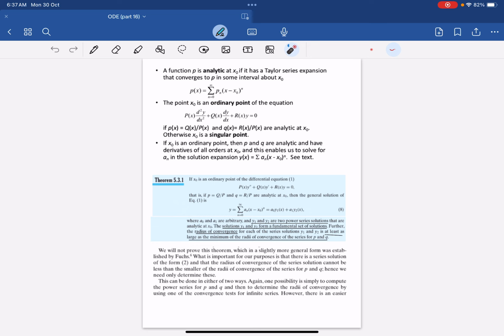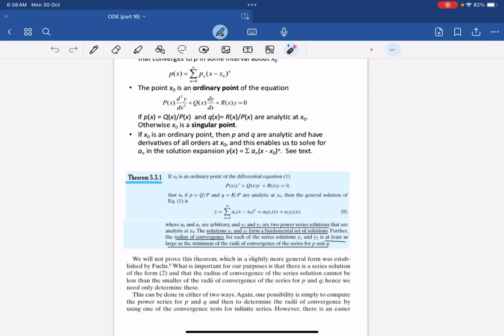And the point x0 is known as an ordinary point of this equation if these functions, little p and little q, are analytic. Otherwise, x0 is known as a singular point.